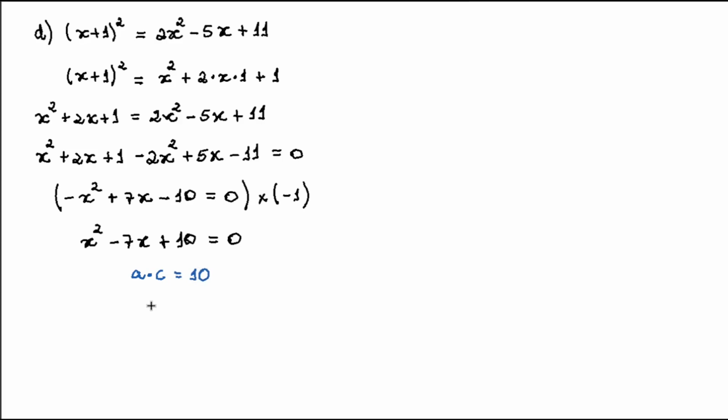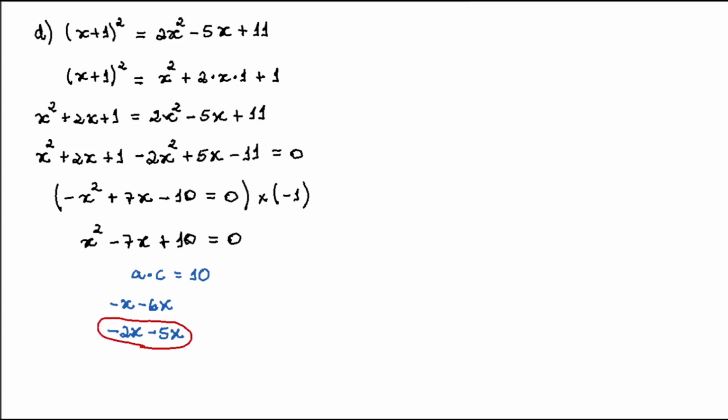Then we can split the middle term as minus x minus 6x, but the product of their coefficients won't be plus 10. We can split as minus 2x minus 5x, and note that the product of their coefficients is equal to plus 10. Then these are the terms that we're going to use.